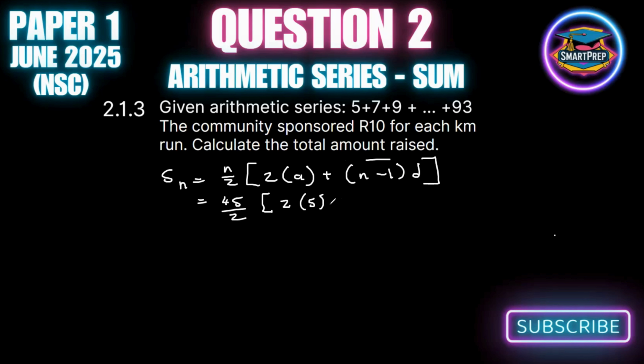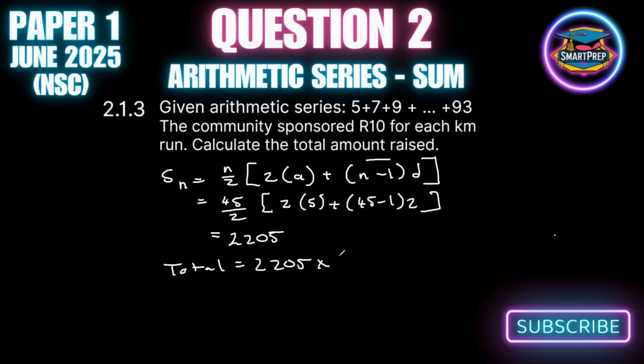We know that our a is 5, and then we have 45 minus 1 times 2, and stick that into our calculator, and we get 2205. And then the amount raised is going to be 2205 multiplied by the 10 Rand. And so we get 22,050 Rand.